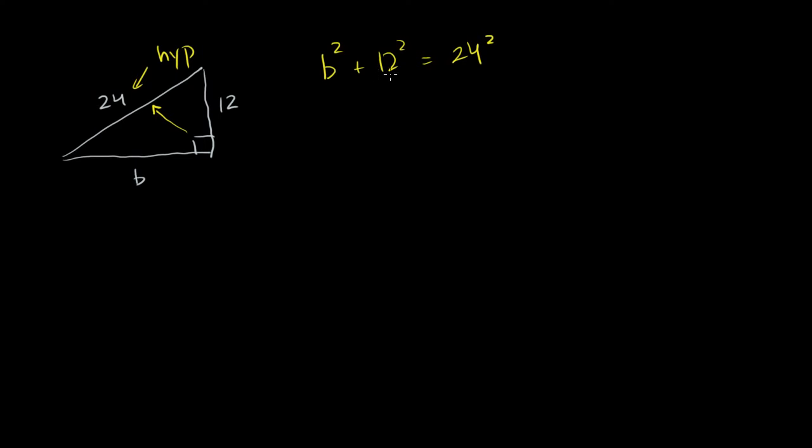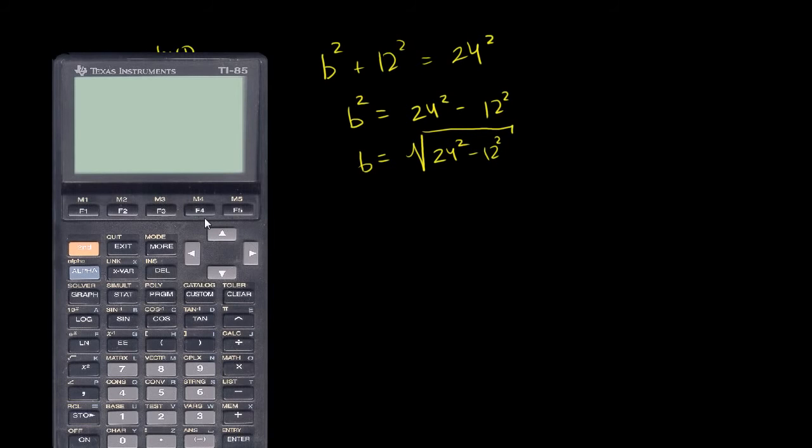Or we could subtract 12 squared from both sides. We say b squared is equal to 24 squared minus 12 squared, and that b is equal to the square root of 24 squared minus 12 squared. Now I'm tempted to use the calculator, and I'll give in to the temptation.